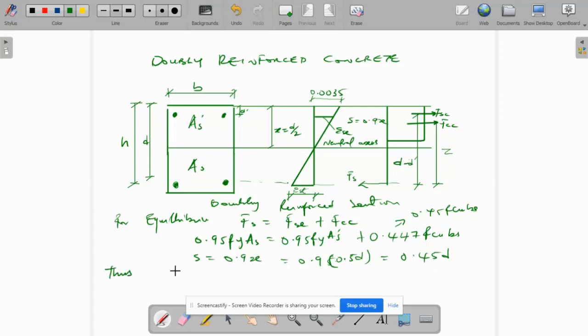Thus we have 0.95 fy As equal to, substituting here, 0.95 fy As prime, plus, substituting the value of x and multiplying this by the value of s, we have 0.201 fcu b d.